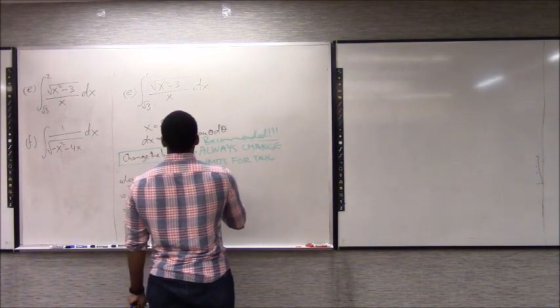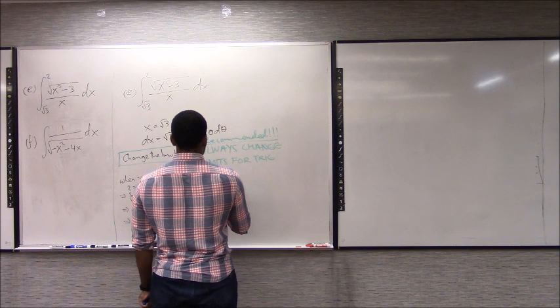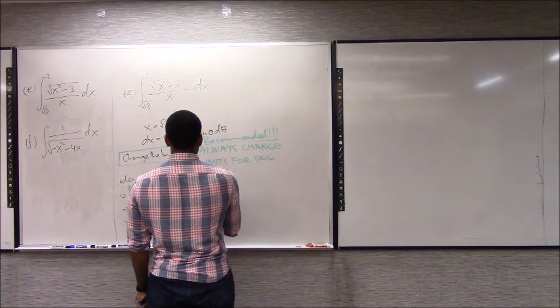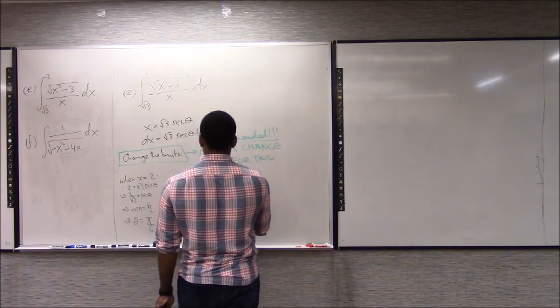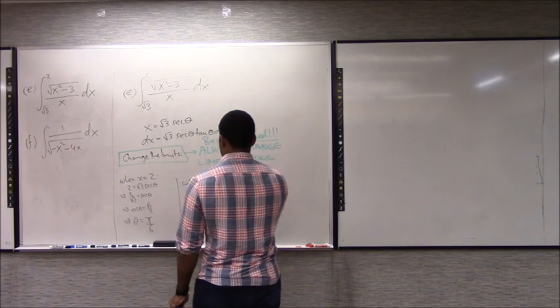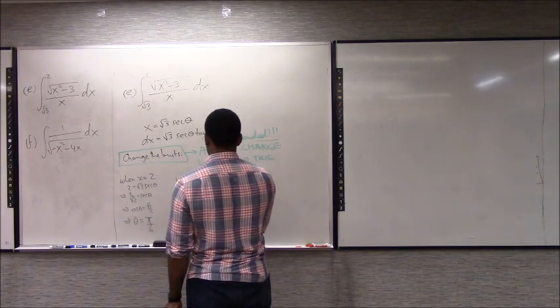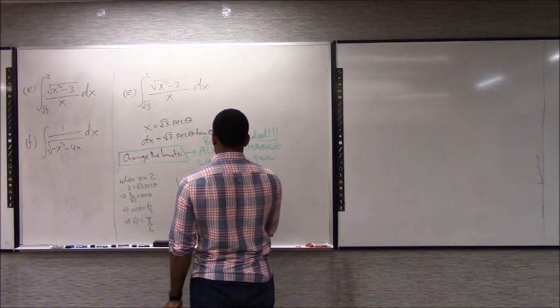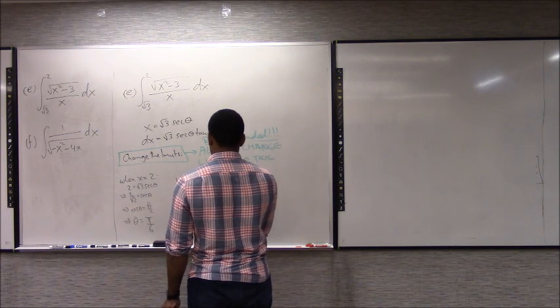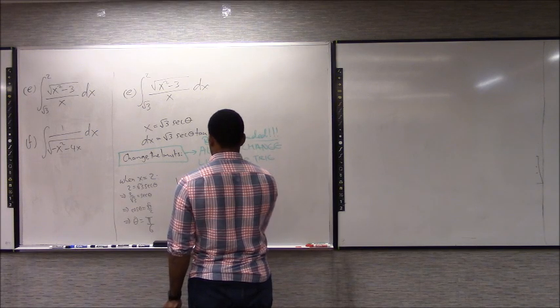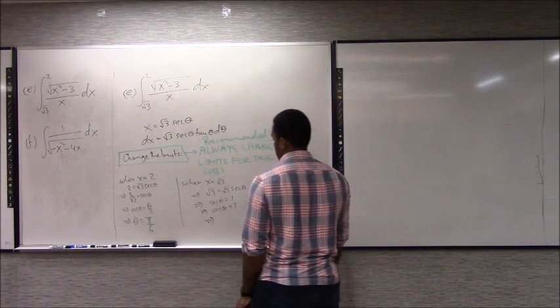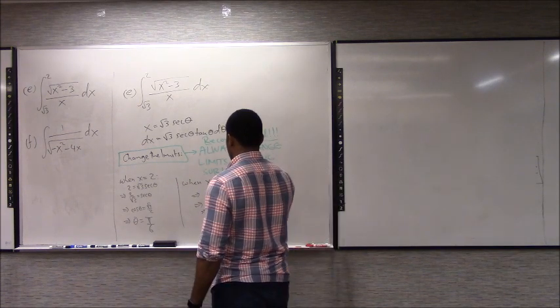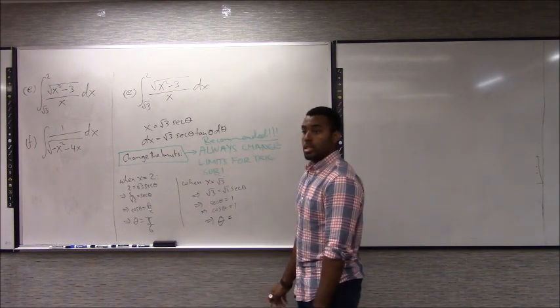When x equals radical 3, then radical 3 equals radical 3 secant theta. Then secant theta equals 1, which also means that cosine of theta equals 1, which also means that your theta is 0.